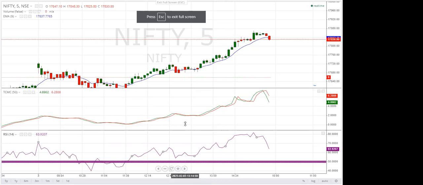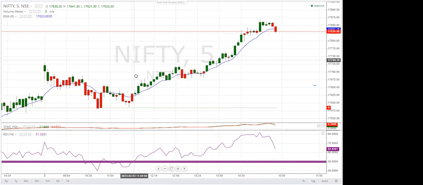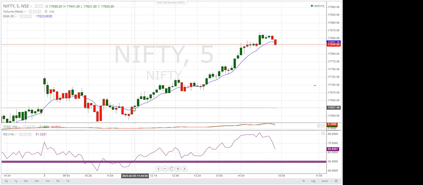When the RSI is already above the 50 level or crossing above the 50 level, we look for the buy trade. The entry will be when a TCMC green candle occurs and the high of the candle is broken. Here is our entry.